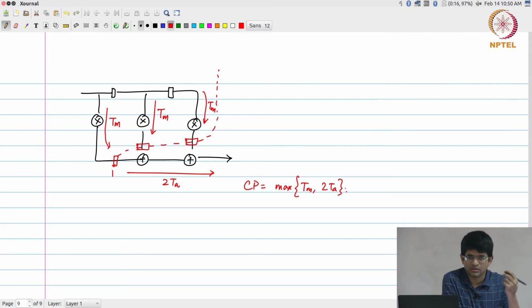What is the core idea that we applied over here? We needed to delay all the intermediate computations by the same amount so that the output functionality remains unchanged. We saw earlier in the other example of that simplified filter that if I just put one register on one of the paths and not on the other one, I will completely change the transfer function that is being implemented. So, I can't do that. So, this dashed red line that I drew over here is effectively dividing the circuit completely into a before and after segment.